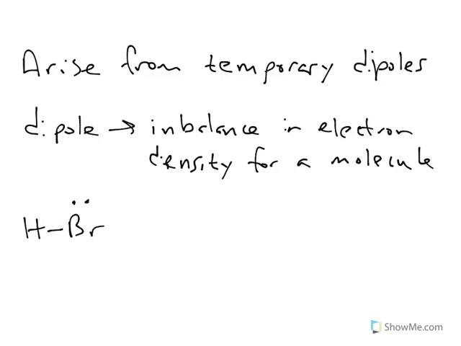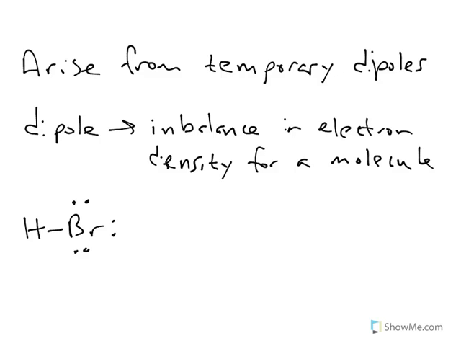I'm going to draw its Lewis structure. Recapping from your periodic trends in Chemistry 111, we have this concept of electronegativity, the propensity of an atom to draw electrons in towards itself.